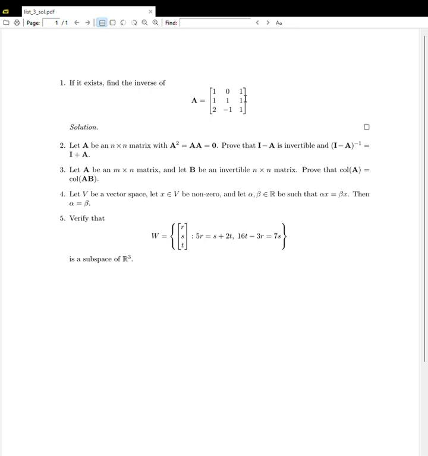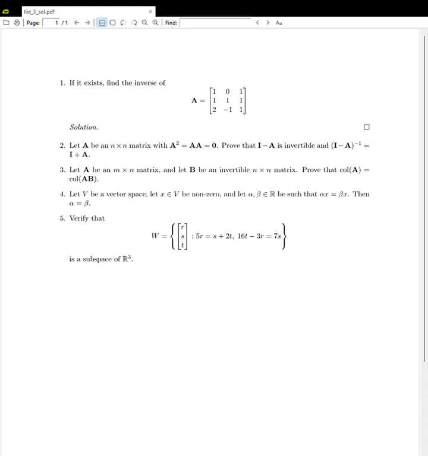Our definition of non-singular is that your null space is trivial. So the associated homogeneous system with these coefficients, if that only has the trivial solution, which we have investigated before, and we discovered that for a square matrix, that only happens if you're row equivalent to the identity matrix.